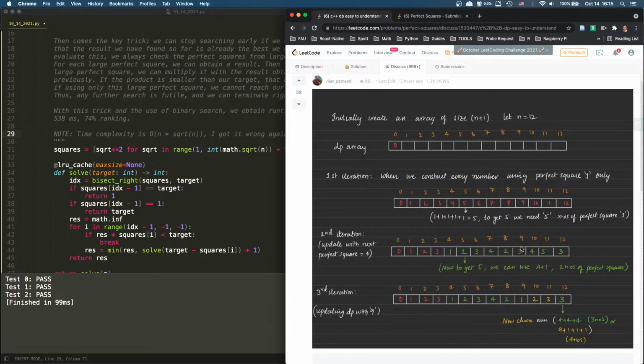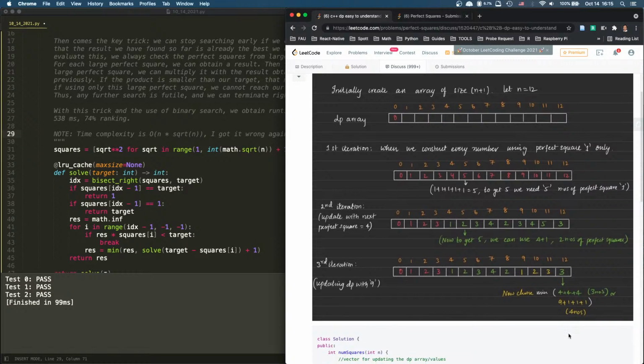And then we compare to the previous one. We'll take the smaller value, right? Remainder is 2 plus 1 is going to be 3. Remainder is 3 plus 1 is going to be 4. But when we use 4, it is smaller. Therefore, 3 wins. And we just keep going.